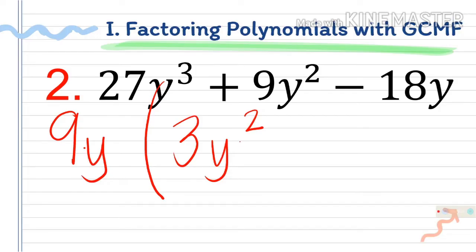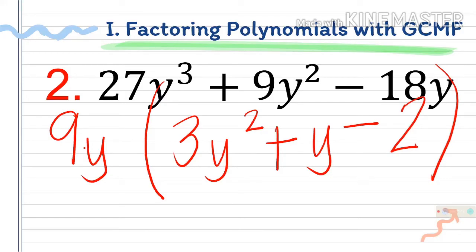Then we have 9y squared divided by 9y is equal to, yes, positive y. Then the last term, negative 18y divided by 9y is equal to, correct, negative 2. So we have here the factored form, 9y times (3y squared plus y minus 2).